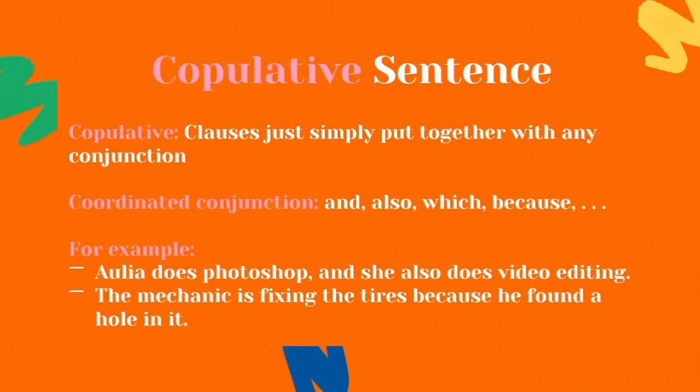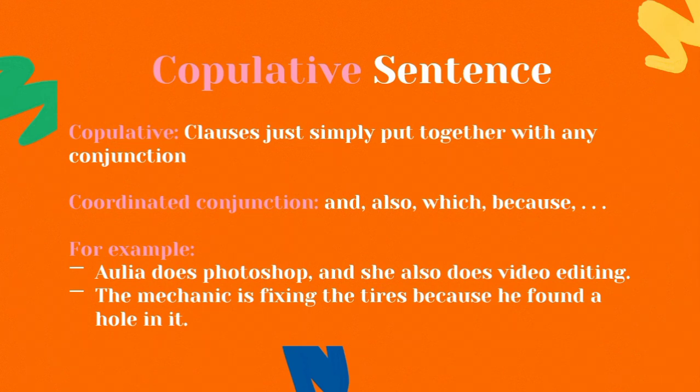For the first type of compound sentence, there is the copulative sentence. In a copulative sentence, clauses are simply put together with any conjunction. The coordinated conjunctions are and, also, which, because, and so on. For example, this first sentence: Alia does Photoshop and she also does video editing.